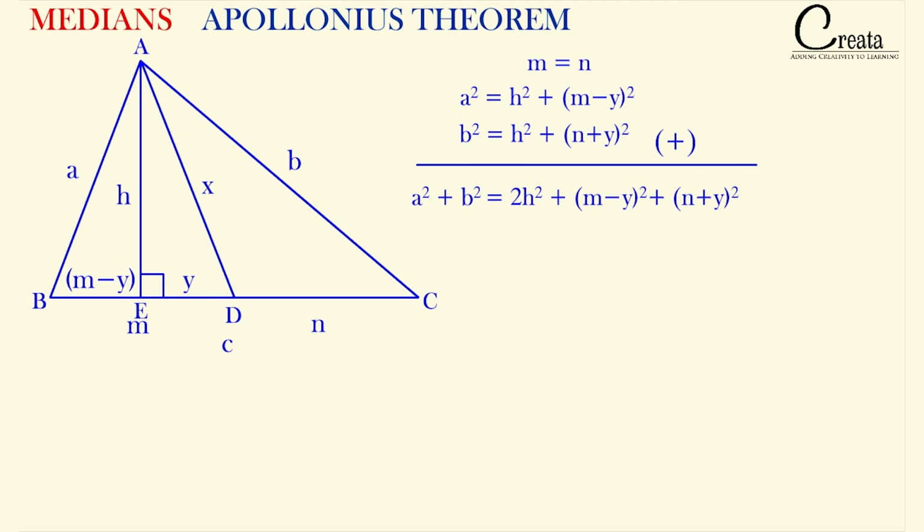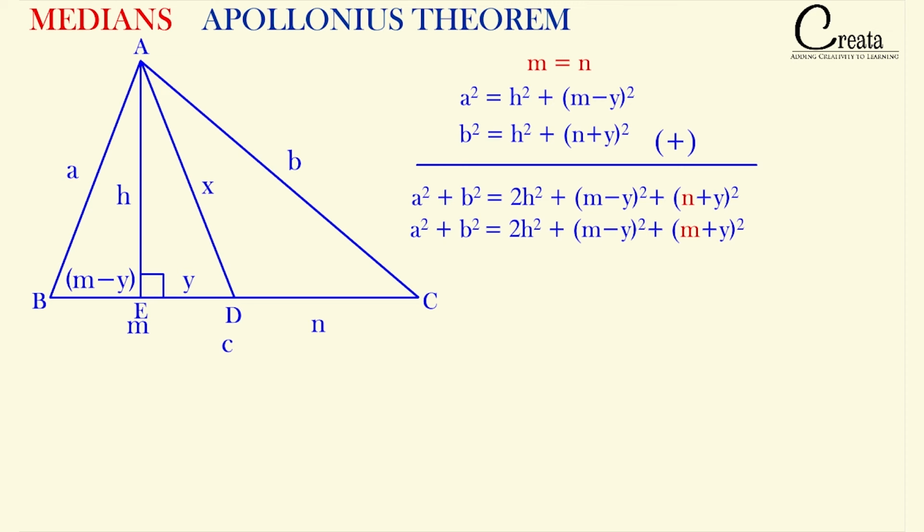We got A squared plus B squared is equal to 2H squared plus (M minus Y) squared plus (M plus Y) whole squared. And we know BD is equal to DC, that is D is the midpoint, so M is equal to N. So we can replace N with M. Nothing will change. So we got A squared plus B squared is equal to 2H squared plus (M minus Y) whole squared plus (M plus Y) whole squared.